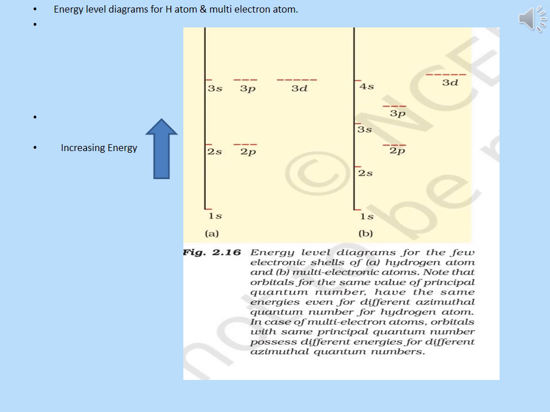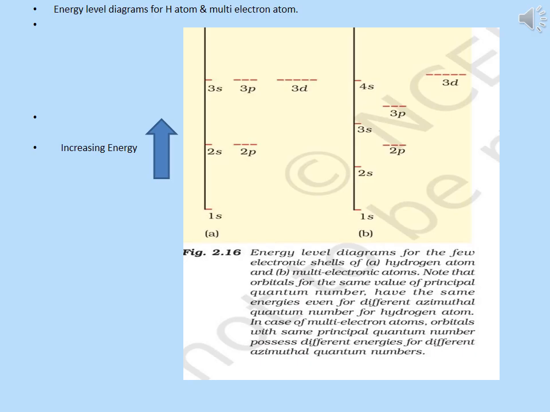Instead of talking about orbital, you can also talk about the subshell. So the 2p subshell has higher energy than the 2s subshell for a multi-electron atom. But the 2p subshell has the same energy as the 2s subshell for the hydrogen atom. Similarly, look at this 3s, 3p and 3d.